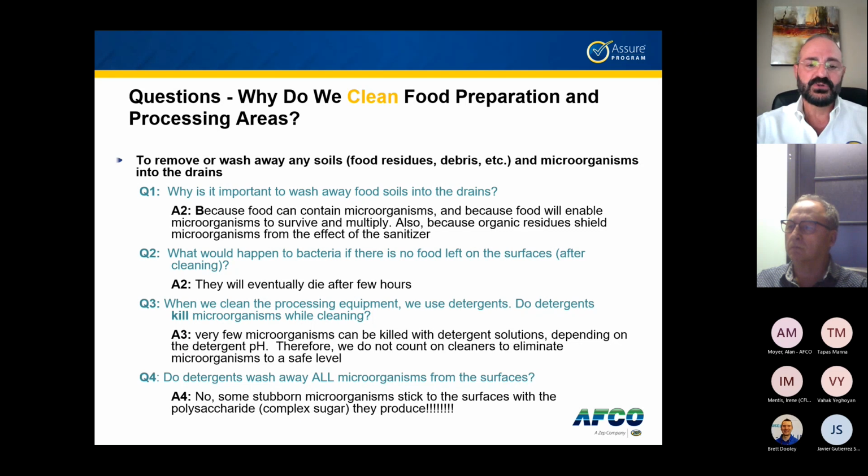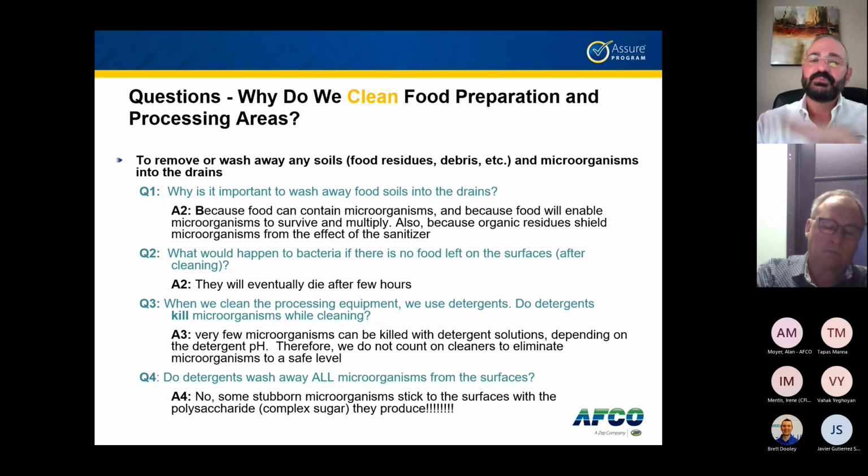Again, do detergents wash away all microorganisms from the surfaces? No. The reason is that some microorganisms stay on the surface after you clean. They are stubborn microorganisms, and they start forming a biofilm, a polysaccharide matrix they produce. With that polysaccharide matrix, they stick themselves to the surface and protect themselves from the soap.